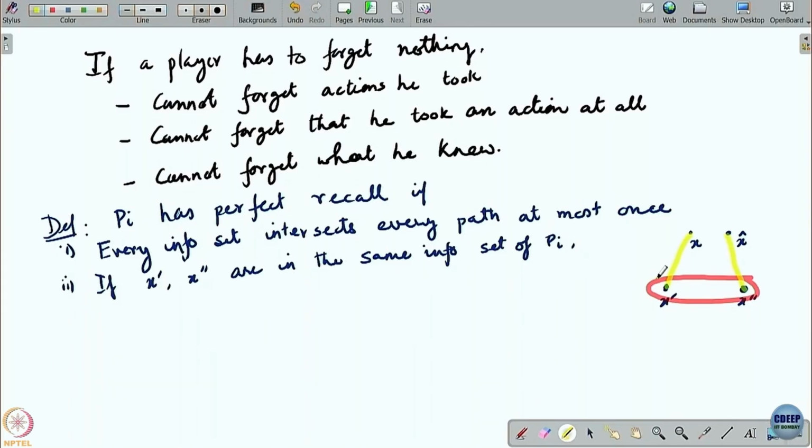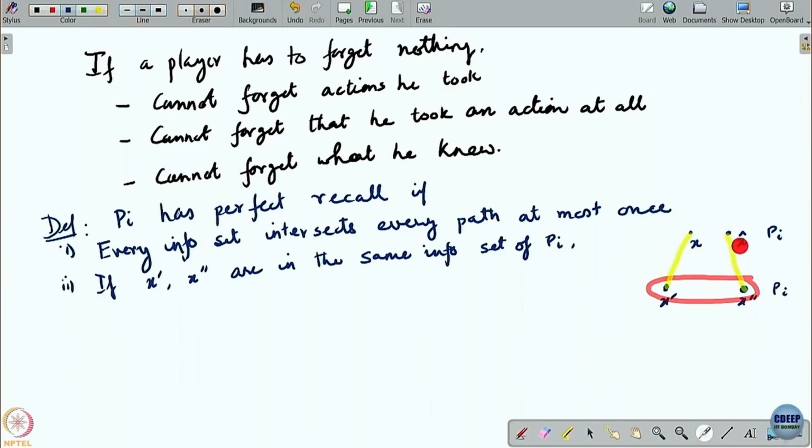Now, if this is the case, could these two, x and x hat, have been in different information sets? Is that possible? These are player I's nodes. Could these two have been in two different information sets? Why not?